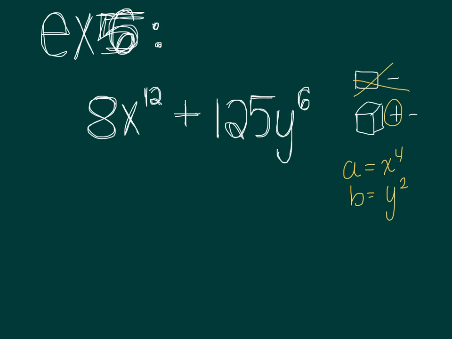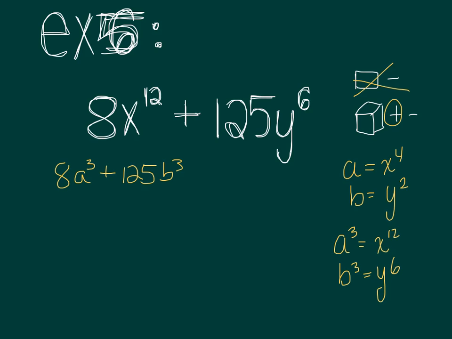That way, a to the 3rd will be x to the 12th, and b to the 3rd will be y to the 6th, which is what we had in our original problem. So I'll rewrite as 8a to the 3rd plus 125b to the 3rd. And then I'll factor that using my formula. So I'll have 2a plus 5b, because the cube root of 8 is 2. Cube root of 125 is 5.